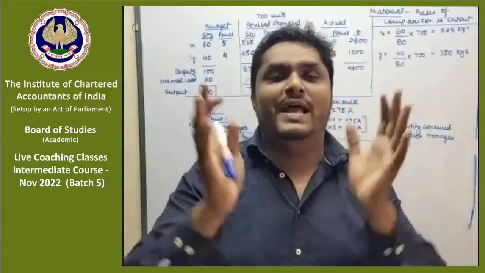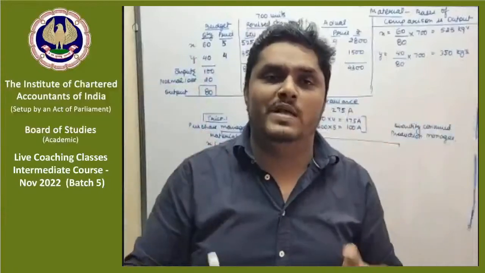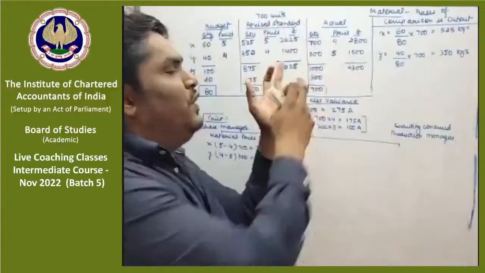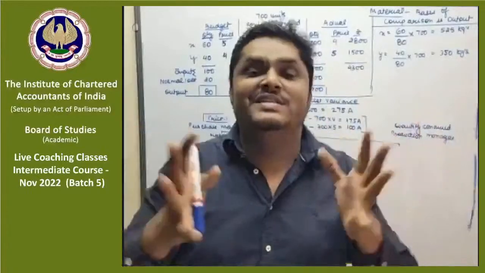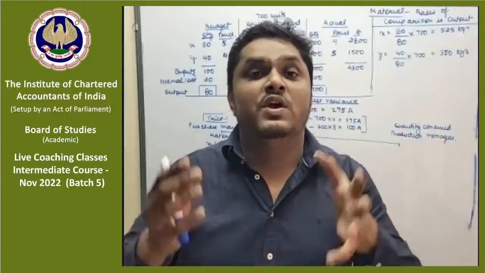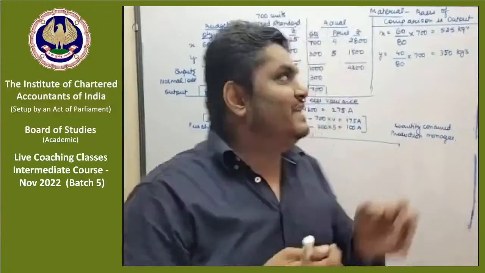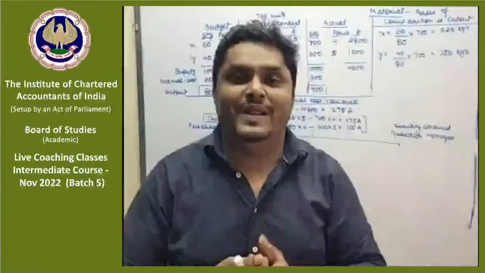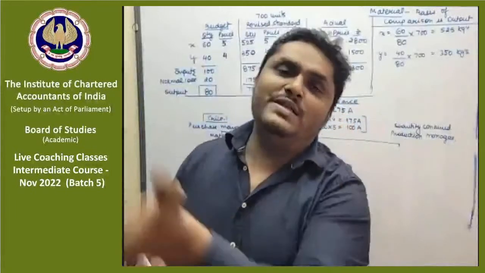So he says that I appreciate your efforts, thank you so much, and try to purchase Y also at a competitive price. This is what the management will do: you have purchased X at a competitive price, so why not try and purchase Y also at a competitive price? Now he goes out of the cabin.